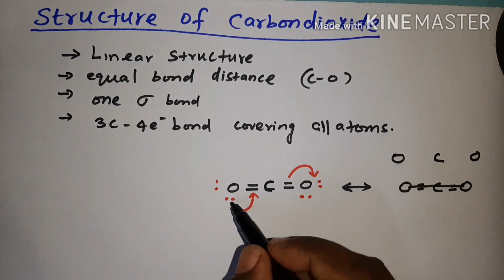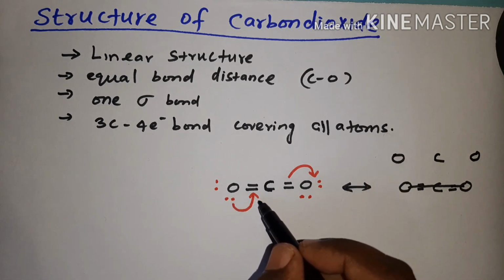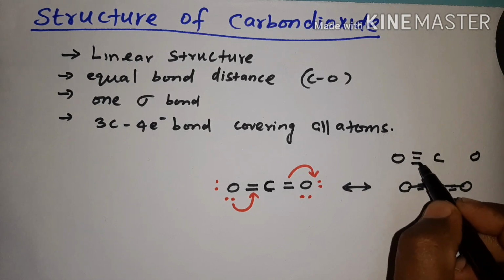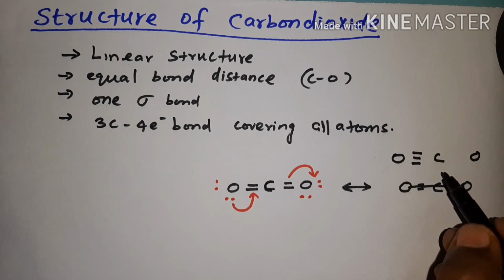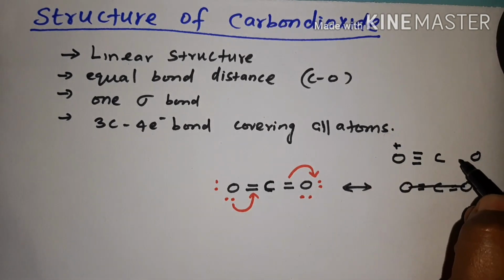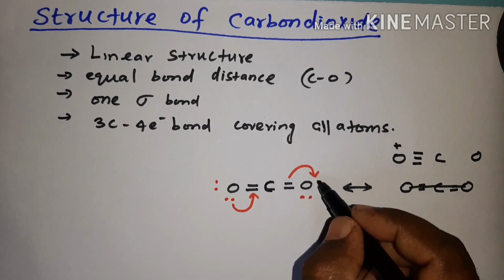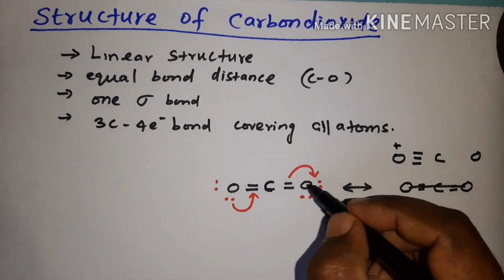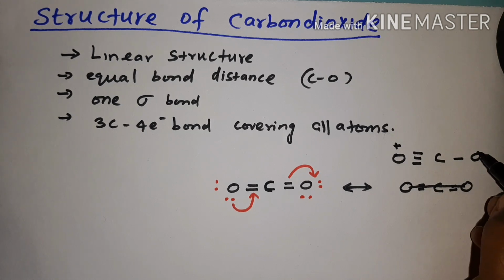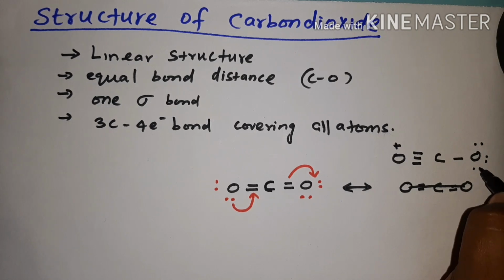Because of the shifting of this lone pair, here we get a bond pair, so there will be 3 bonds, and a positive charge will come here. Then this bond pair shifts to become a lone pair, so here it becomes a single bond, and we get one extra lone pair, so a negative charge comes.